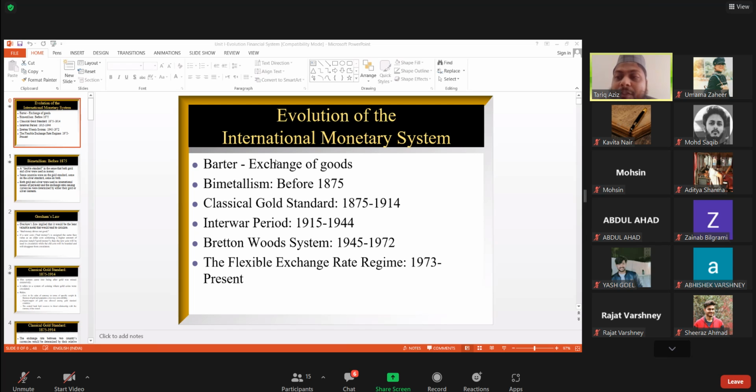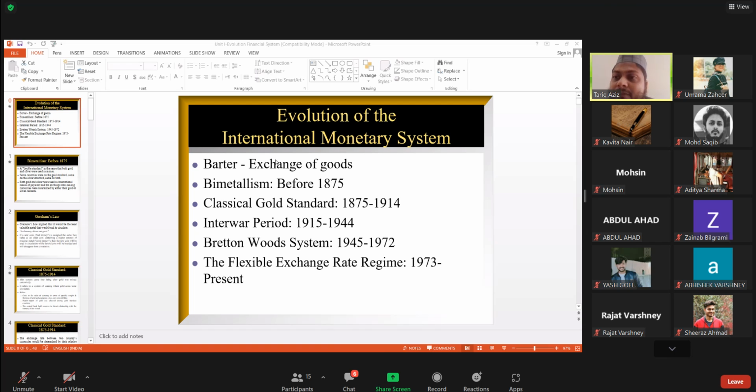So unit of measurement, store of value, there were problems associated with store of value also. Risks associated with storing, costs associated with storing of that product, and perishability. Not all things can be stored for a long period of time because they may perish. A perishable item cannot be stored for a long period of time.